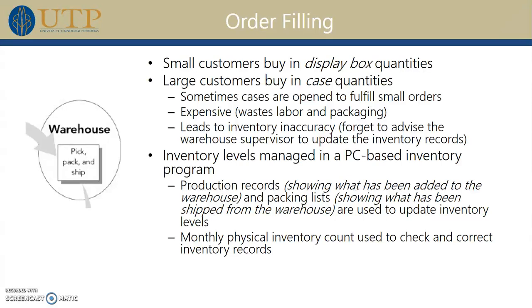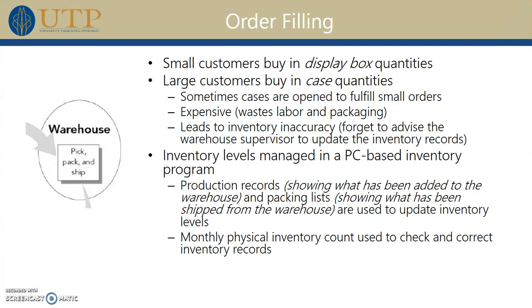Once the order has been made and the warehouse supervisor has been contacted, the warehouse activities will be engaged. The warehouse activities involve picking the order, packing the products being ordered, and shipping the products.